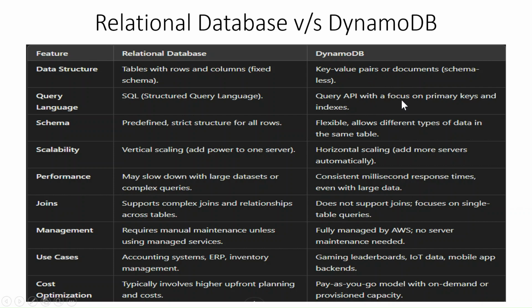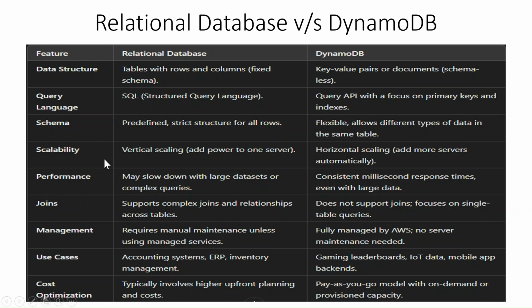It doesn't support joins or complex queries. The relational database has a predefined and strict structure for all rows, but DynamoDB is flexible, allowing different types of data in the same table.